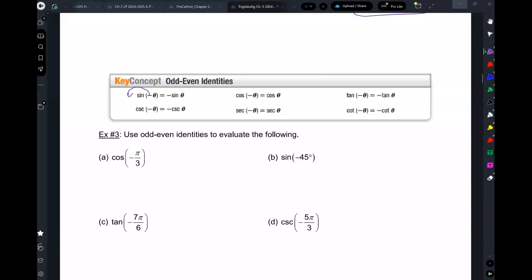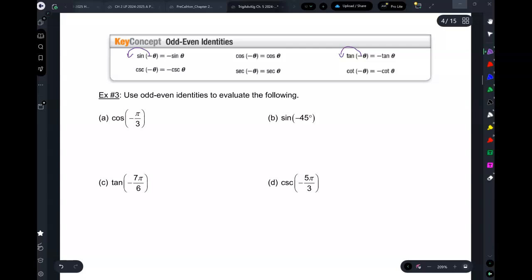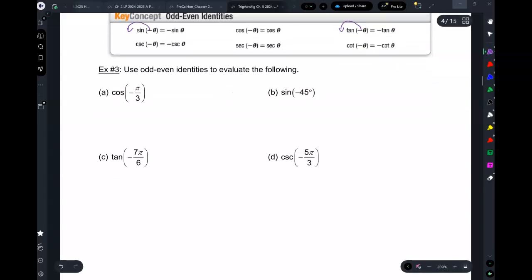If you have tangent of a negative angle, the negative comes out. If you have cosine of a negative angle, the negative disappears. So look, cosine of negative pi over 3, the negative just disappears. That's just the same as cosine of pi over 3.